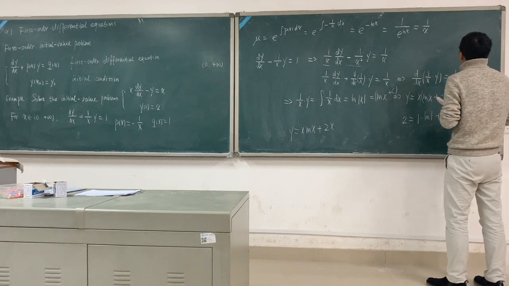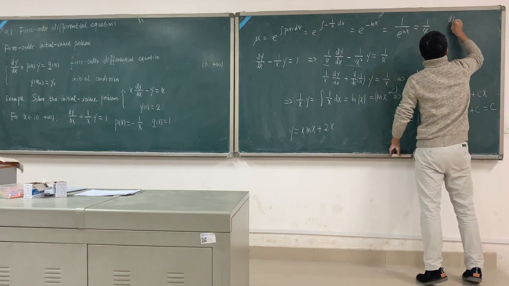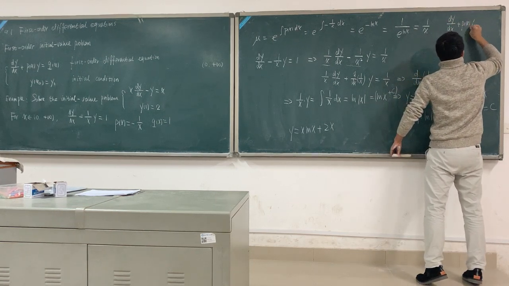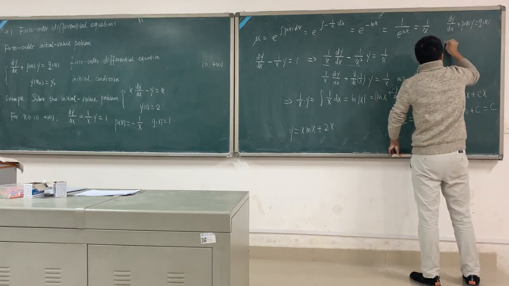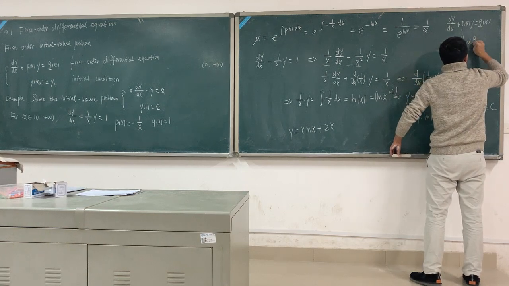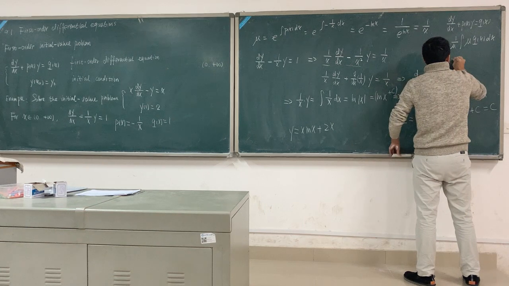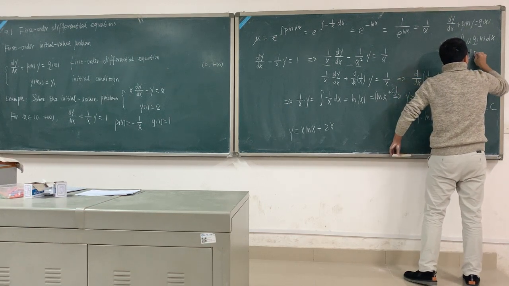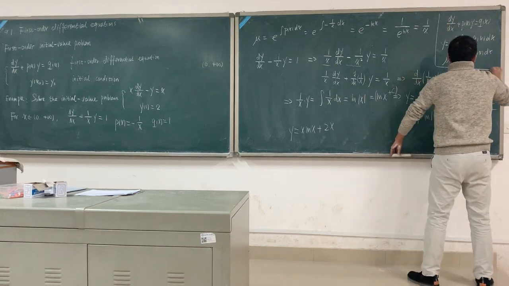For the equation dy/dx plus p(x)y equals q(x), y is 1 by mu times the antiderivative of mu q(x) dx, where mu is e to the power of the antiderivative of p(x) dx.